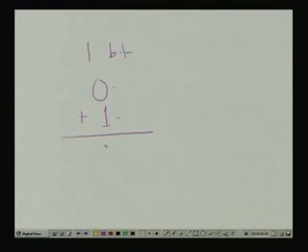If we add this, say I am getting 0 plus 1, my sum is 1, and say the carry is 0. So, this is my sum. What is my carry? The carry output is 0.